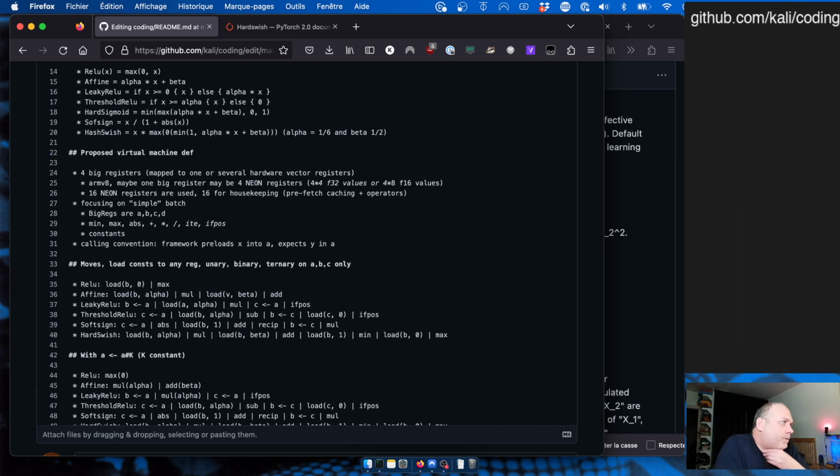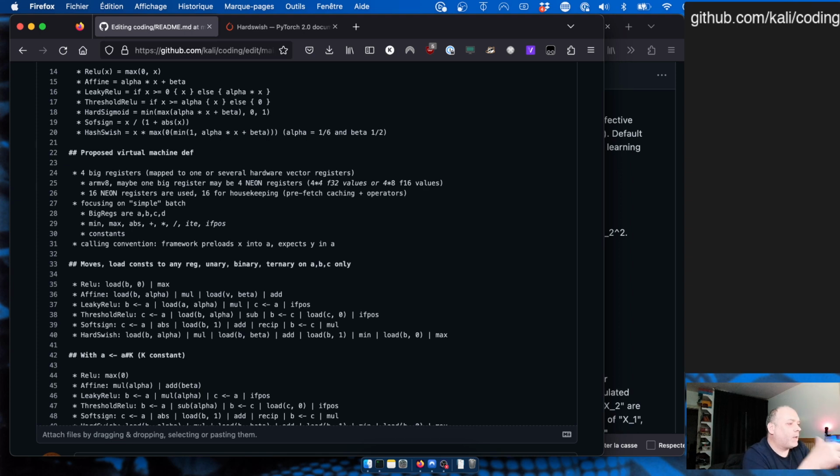Threshold, if x bigger than alpha, so first I need to subtract. So I need to sub alpha to x. But doing this, I'm destroying A, which I will need to have put in C, or in B actually, now, because one of the benefits is that I'm no longer destroying B for these. So I can get rid of these.